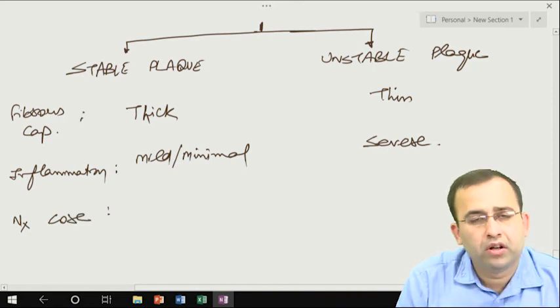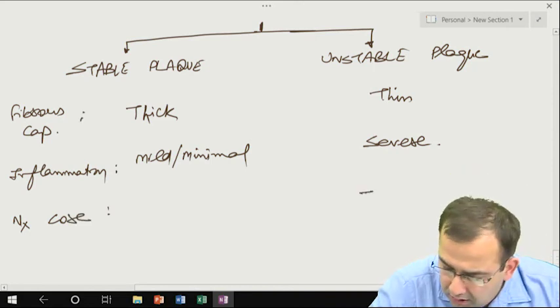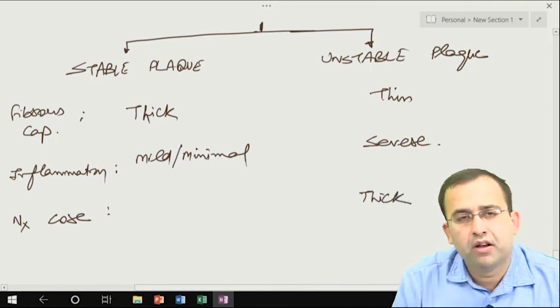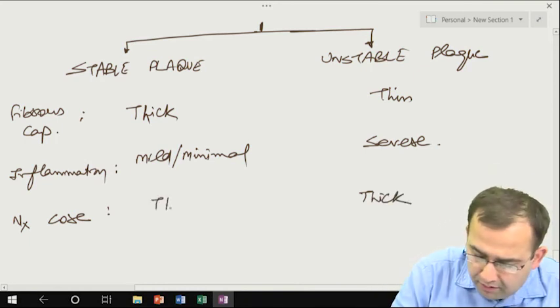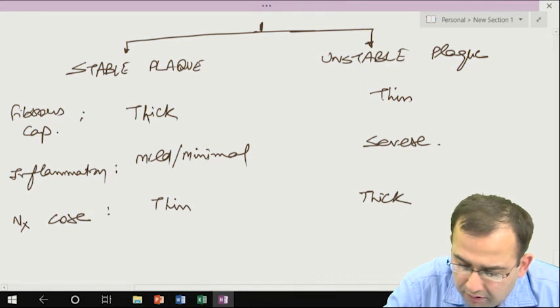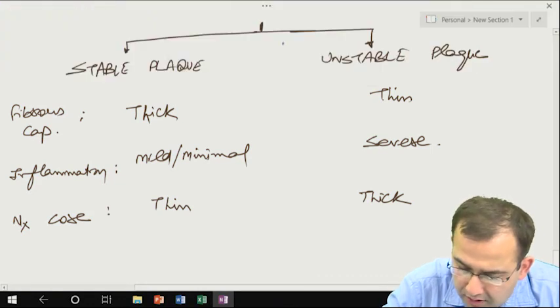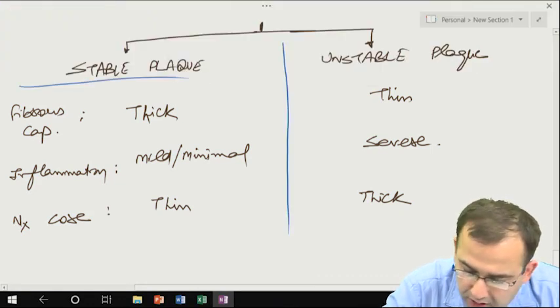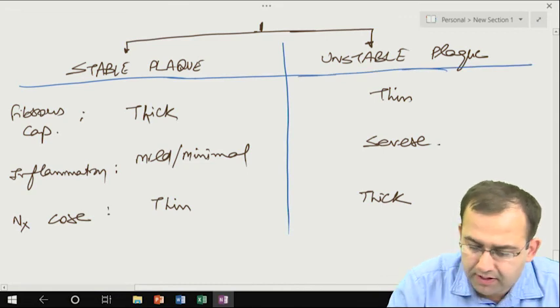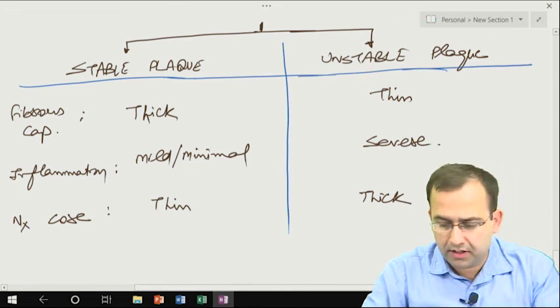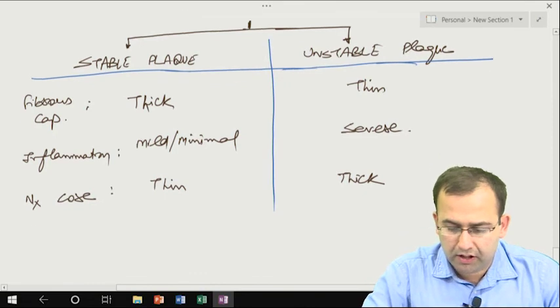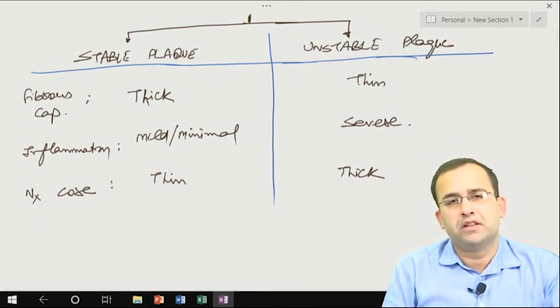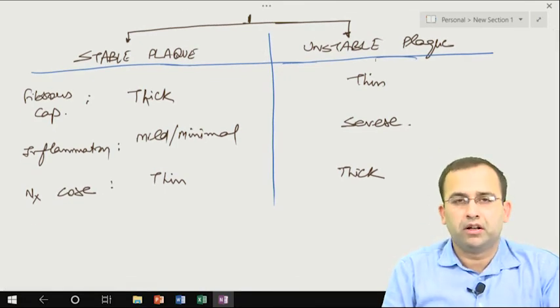The necrotic core is thick in unstable versus stable where it is thin. This is stable versus unstable atherosclerotic plaque.